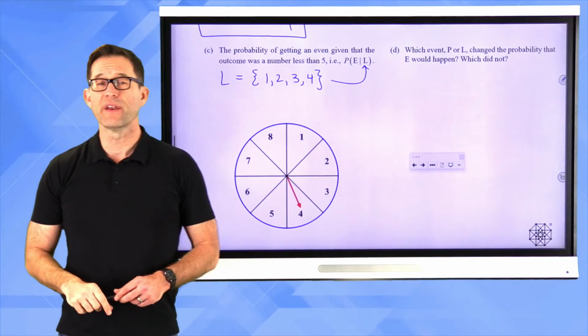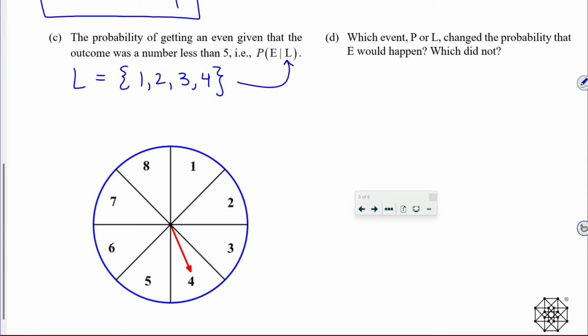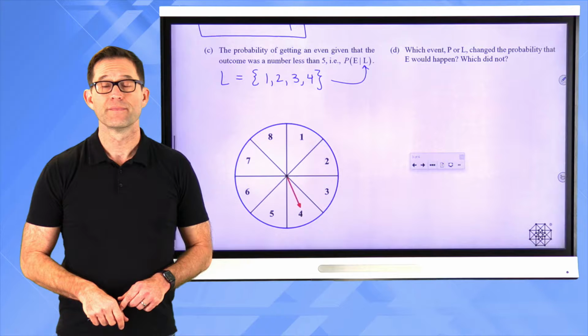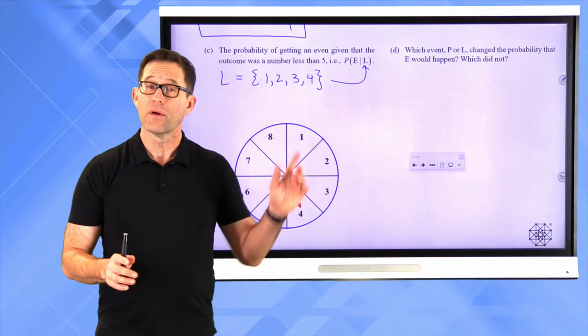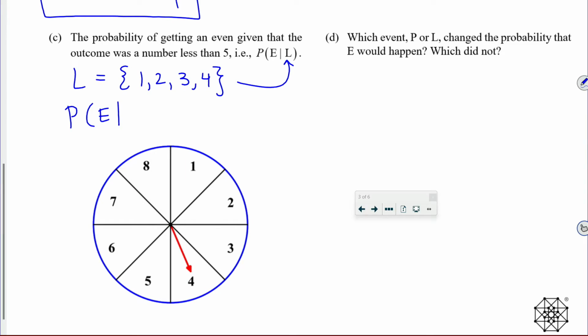So why don't you pause the video and tell me what that conditional probability is. Okay, well now this conditional probability says the probability of getting an even given that we have a number less than 5. Well, there are 4 total possibilities in our sample space. 2 of them are even, and so that probability is 1/2 again.